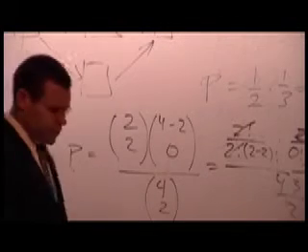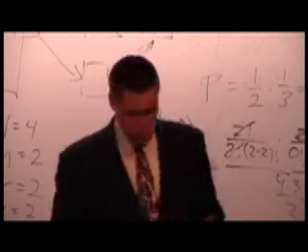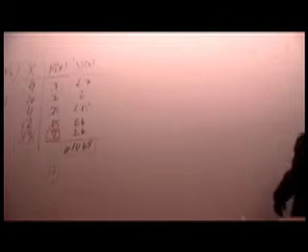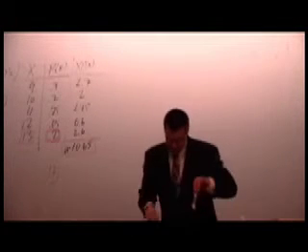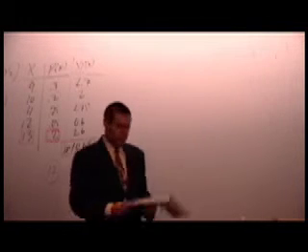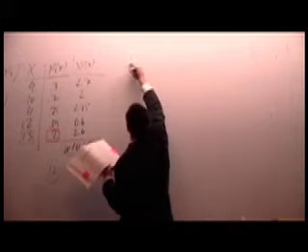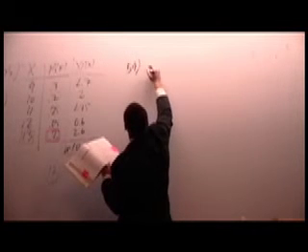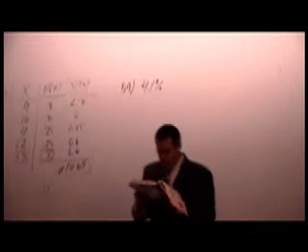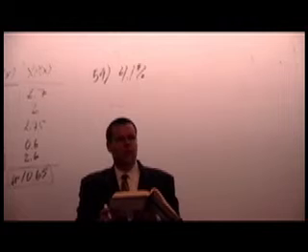Okay, let's look at problem 59. The unemployment rate is 4.1%. So we have a 4.1% unemployment rate. We are going to assume that 100 employable people are selected randomly.